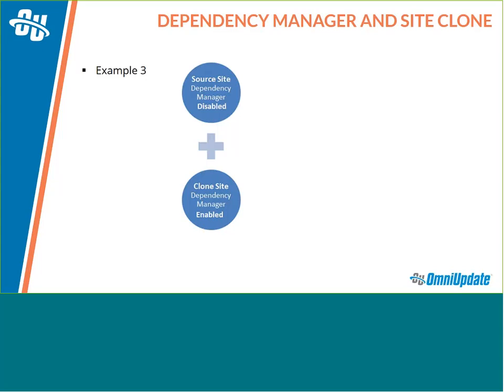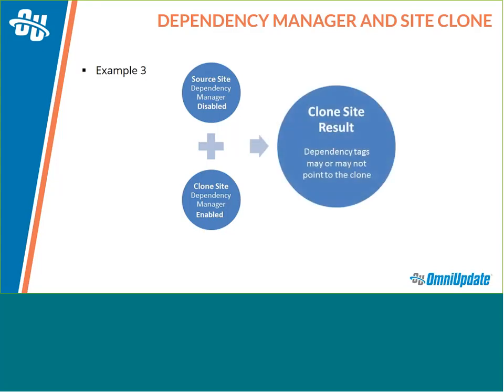But what happens is when you do this, you're going to have dependency tags that may or may not point to the clone. And the reason is you might actually have some pre-existing dependency tags that were on the source site that did not get reverted because Dependency Manager was disabled. And this is the way the system works.